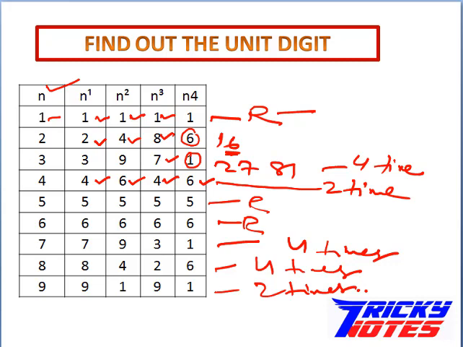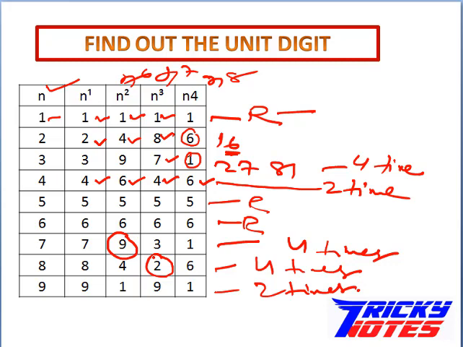The unit digit of 7 to the power 2 is equal to the unit digit of 7 to the power 6. The unit digit of 8 to the power 3 is equal to the unit digit of 8 to the power 7, because it repeats after every 4 times.